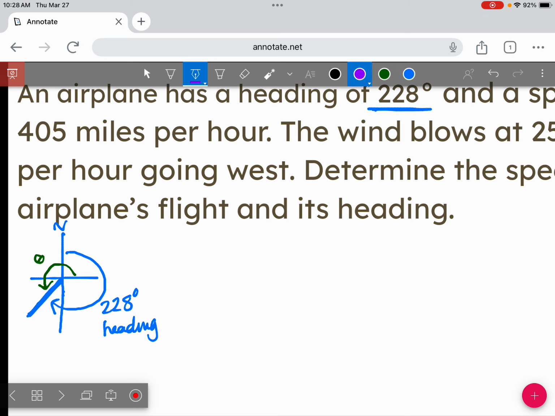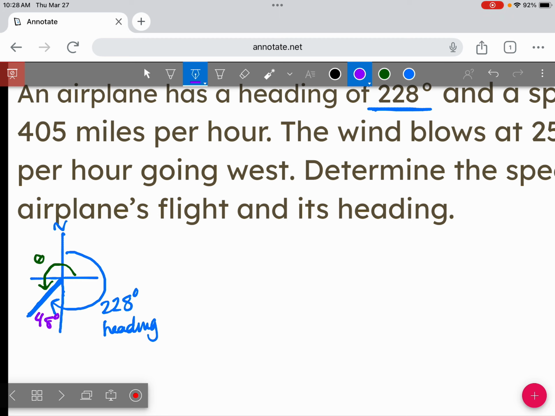What do we think that's going to be? Because we can take our 228 and subtract 180 to get our little angle down there by the south axis. So our 228 minus the 180.